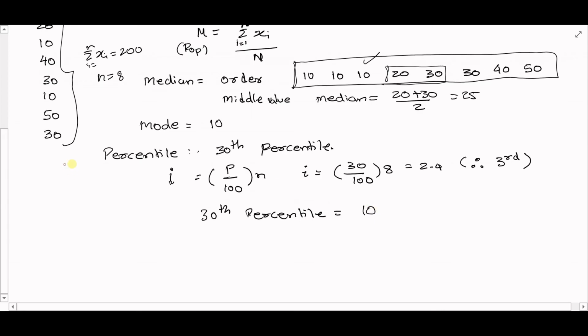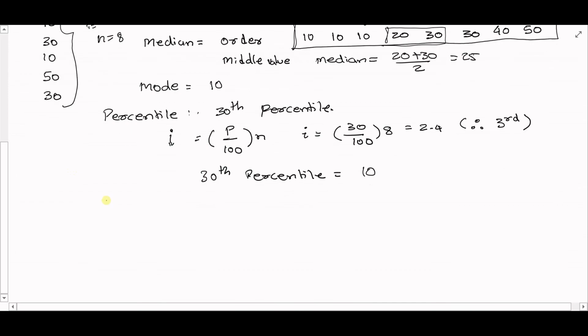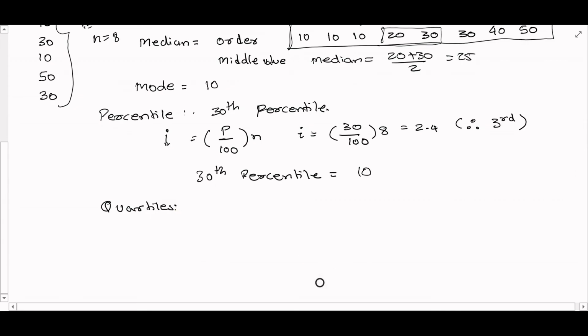Now, also related to percentile are what are known as quartiles, and these are again specific percentiles in this spectrum of 0 to 100. As the name suggests, quarter, we are interested in, say, the first quartile, which is nothing but the 25th percentile.